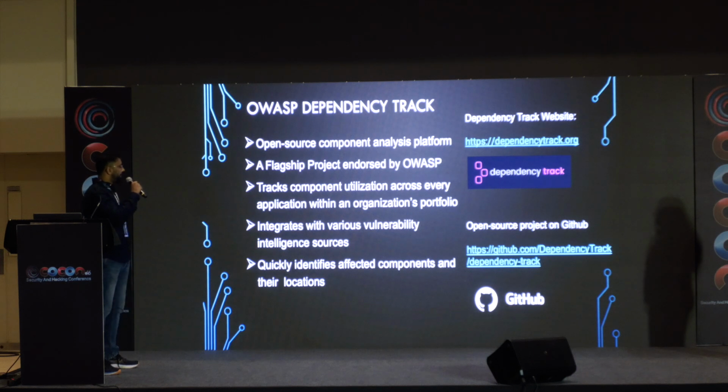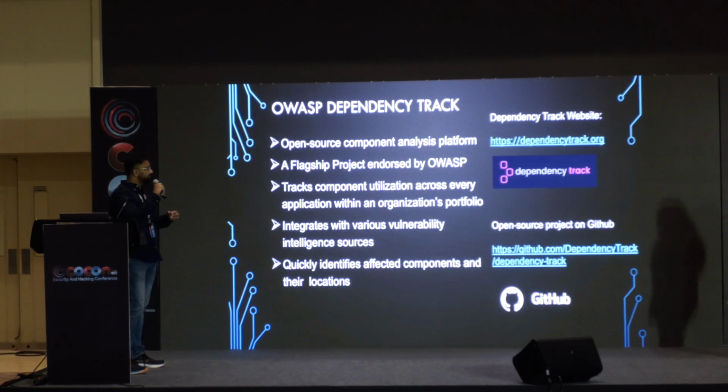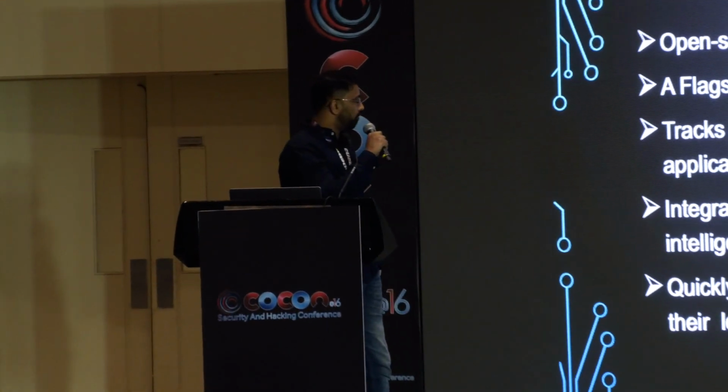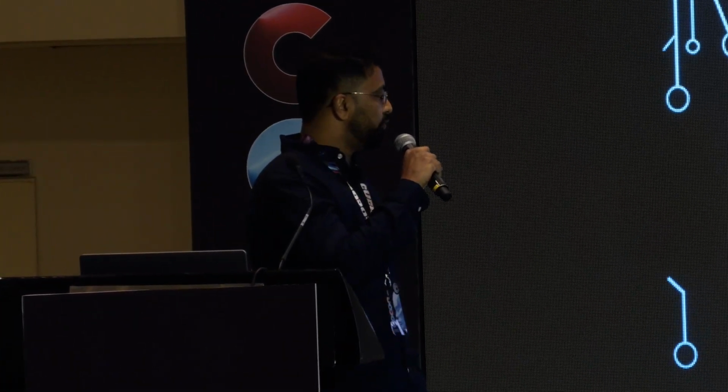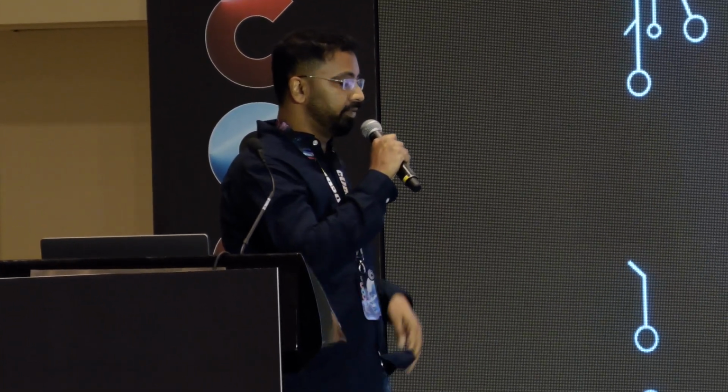It tracks all the components that are utilized in the hundreds of software products present in the organization. Not just tracking, it also integrates with various intelligence sources of vulnerabilities. So it could be integrated with multiple vulnerability tools where the information is extracted and made available in one single platform. Also, after tracking it, it's able to identify which component is affected and its location as well.